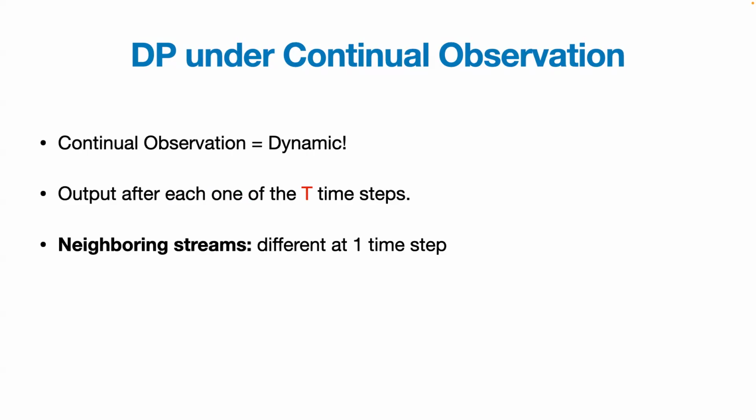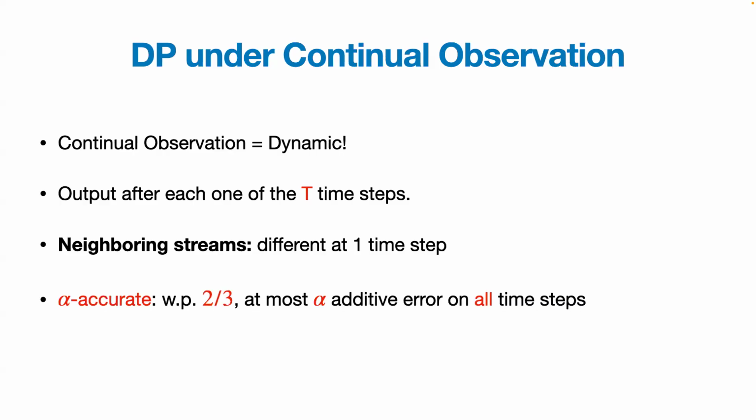And well, this part is not always true, but at least in the event level setting, we call two streams neighboring if they're only different at the event of one of the updates. But I'll get to that later. And we say that an algorithm is alpha accurate if with probability at least 2/3, its additive error is at most alpha for all of the time steps simultaneously.